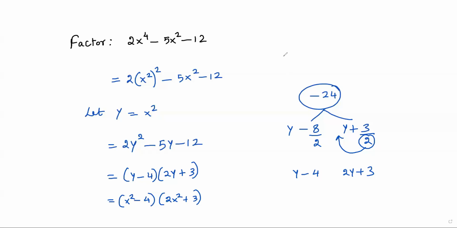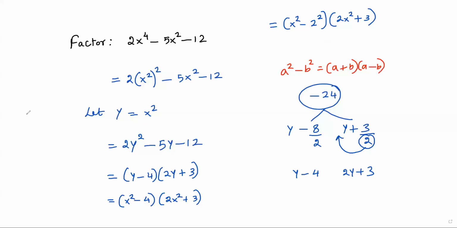So that is x squared, and instead of writing this 4, we can write it as 2 squared, times (2x squared plus 3). Now this is in the form of a squared minus b squared. Already we know the algebraic identity that a squared minus b squared is equal to (a plus b) times (a minus b). So using this identity, we can do further factoring of this one.